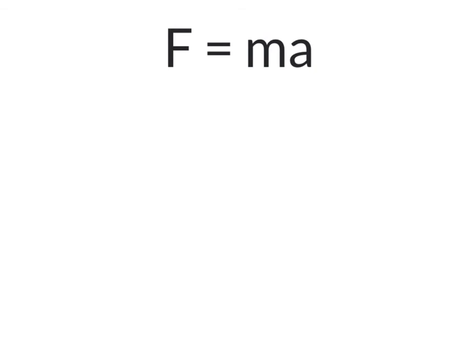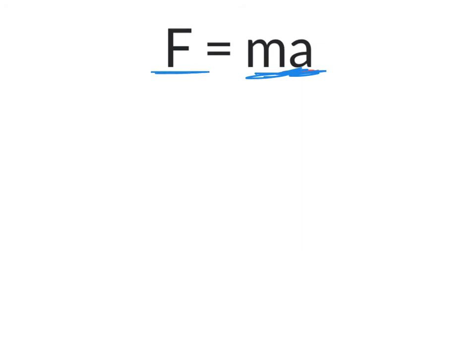That just means force equals mass times acceleration. So if you want something to speed up, whether that's a car or a bike or an airplane, how quickly you want it to speed up times how massive it is tells you how much force you need.